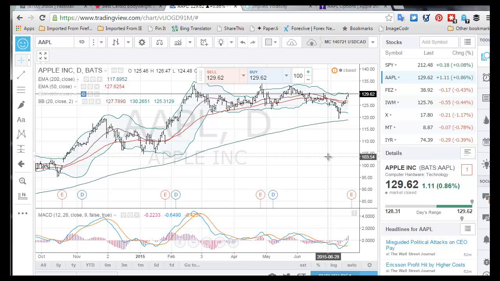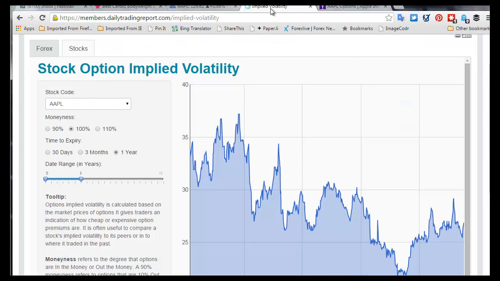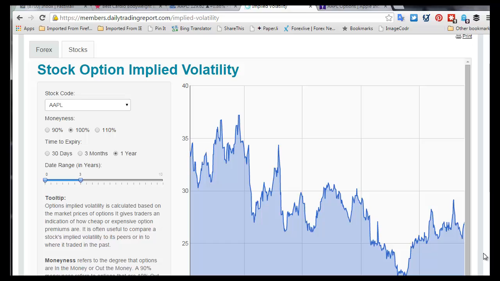The next thing we would have a look at is, well, if I was to go short this stock, I always use options as a way to do this. And the step we need to go through with options is to see, are options expensive or not? So I will look up the implied volatility for Apple stock.